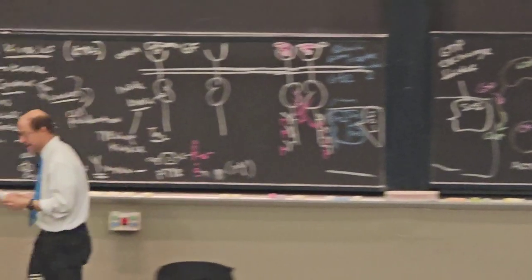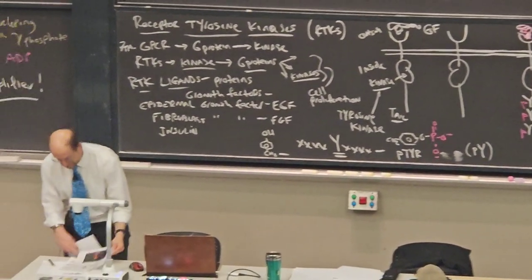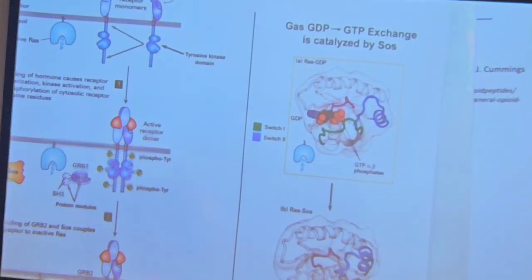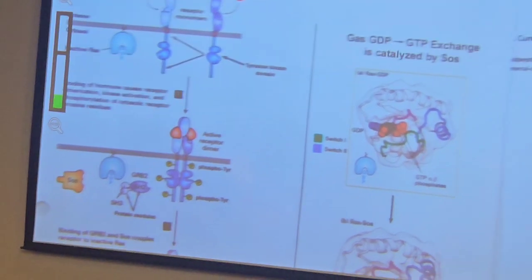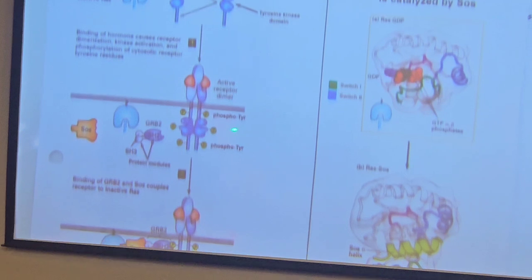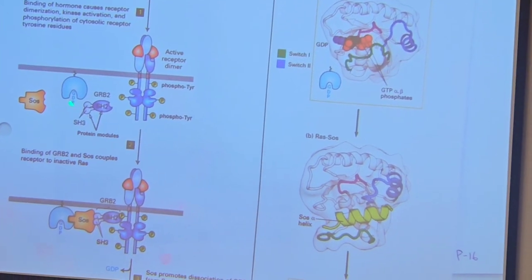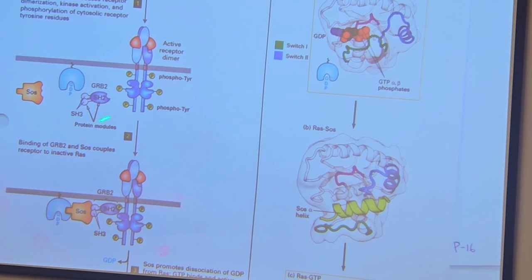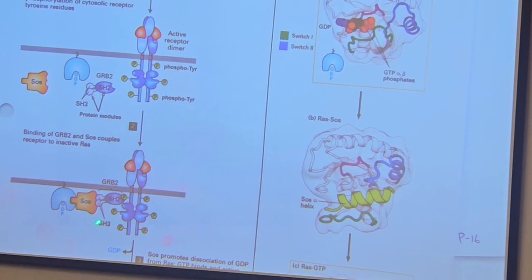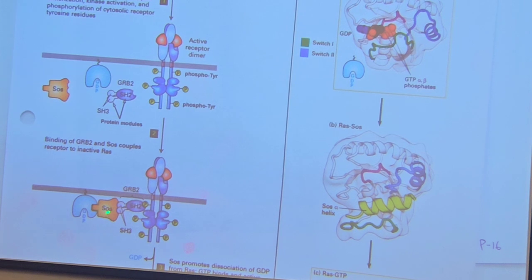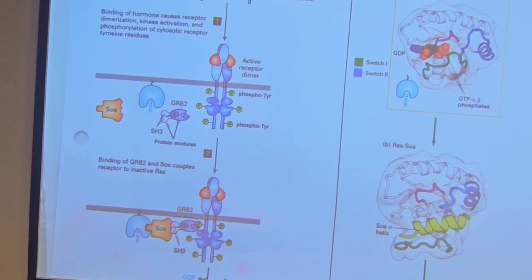And that's what's in the handout that you have here, where I'm showing you: here's the monomeric receptors, they dimerize, they phosphorylate. Here's that growth factor receptor binder 2. It uses its SH2 domain to bind to the growth factor receptor. It uses the SH3 domains to bind to SOS, and that then stimulates the GTP exchange of RAS.